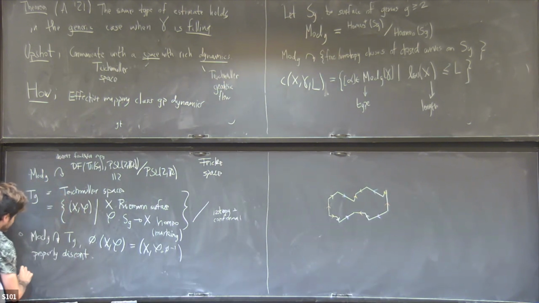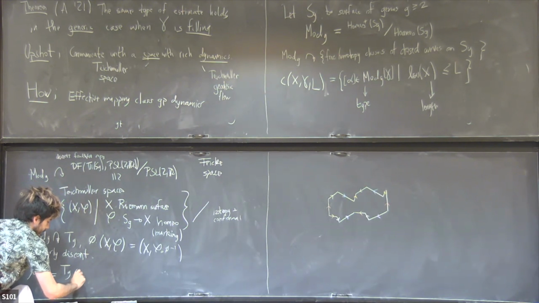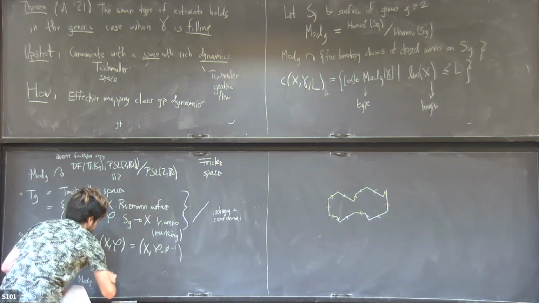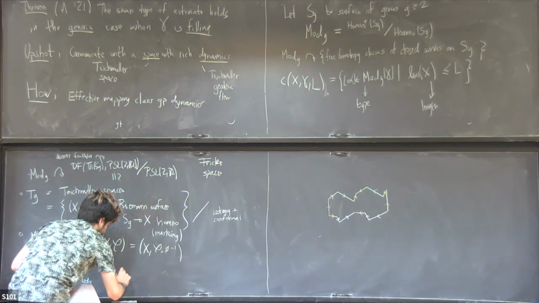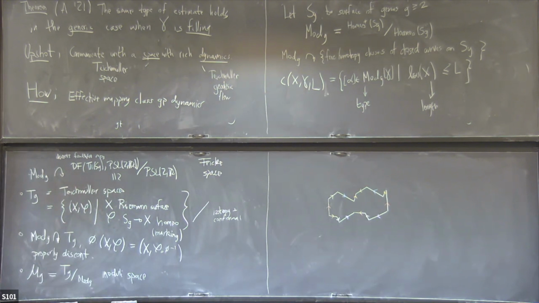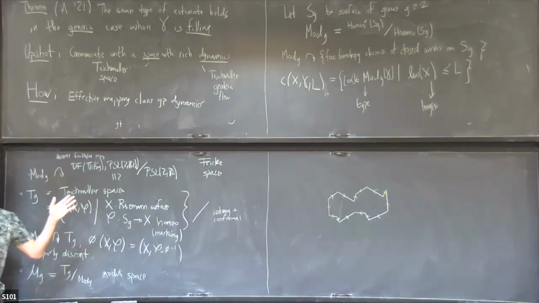In particular, you can take the quotient and you recover the famous moduli space of genus G Riemann surfaces. Because you have marked surfaces and a marking-changing action, you quotient out by it, you forget the marking.